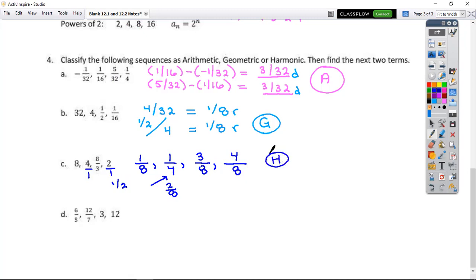And then last, let's see if you can do the same thing because you've got all those fractions again. So letter D, if I take the reciprocal of 6/5, that's going to give me 5 over 6. And my next one would give me 7 over 12. And then my next one, so 3 over 1 would become 1 over 3.